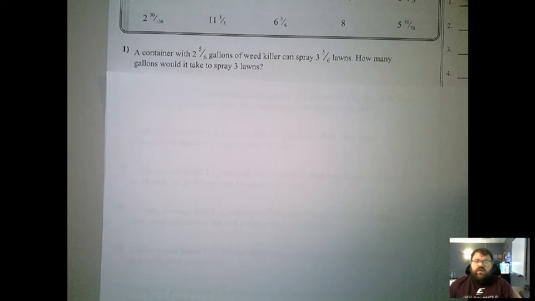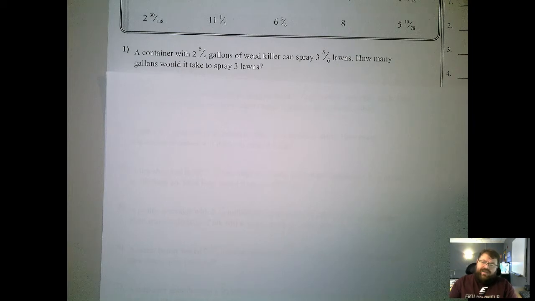Okay, so now we're going to stay with the same learning target, but we are going to deal with fractions. A lot of you had already noticed that within IXL last week, if you got a SMART score above a 90, you started seeing fractions and you were unsure what to do. That's okay, because this is going to be new for 7th grade.